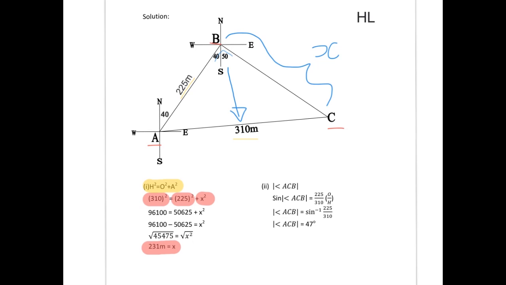The next question we're asked is to figure out the angle ACB. So if we look up at our diagram, we see that the angle ACB is this angle here. This is our angle ACB.